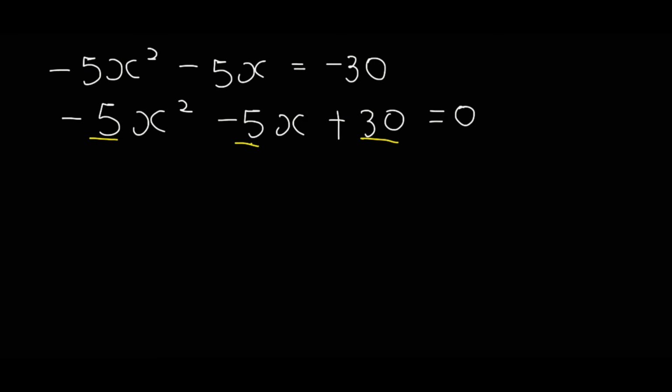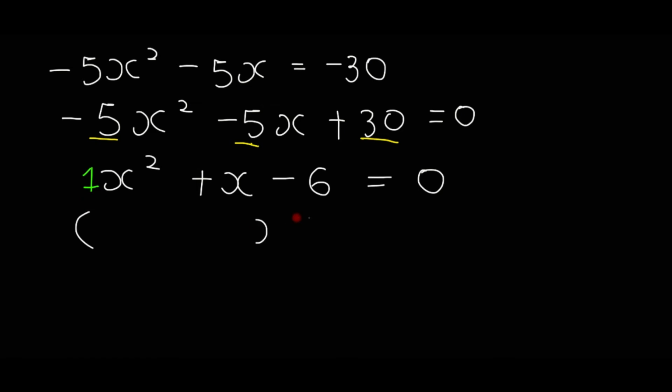So when we divide by minus 5 we will have x squared, and then plus x, and then 30 divided by 5 is 6, so positive 30 divided by minus 5 gives us minus 6, and then equals to 0. And then from there you notice that this problem is the same as the previous one since the leading coefficient is 1, so we will do the same thing.